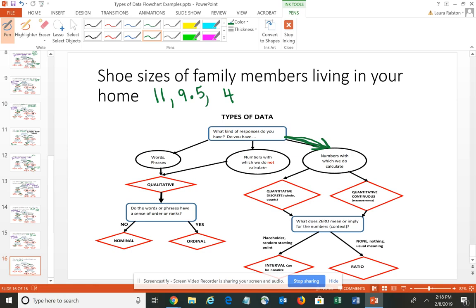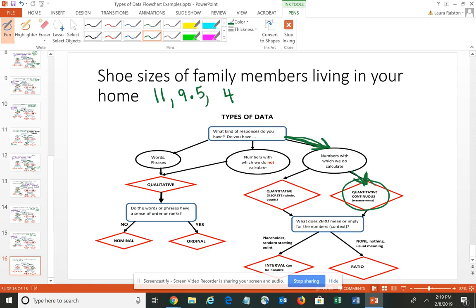So you could go the route to be numbers that we calculate with, which makes it quantitative. To some degree, shoe sizes, again, it's a little bit in that gray area, but you can have halves or parts because you're measuring someone's feet. So I would go with quantitative continuous.